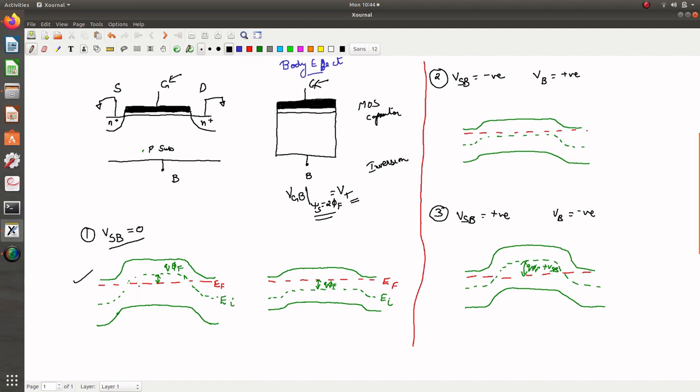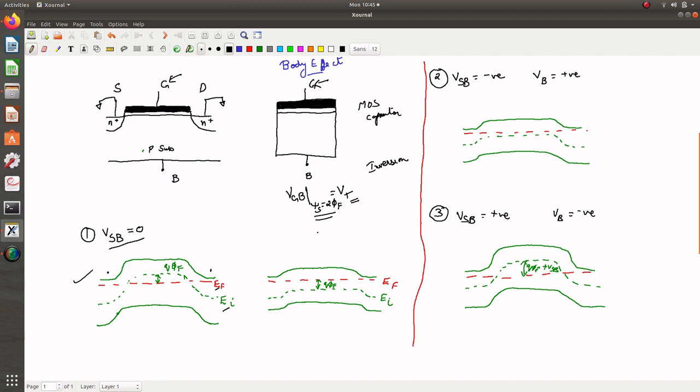We have a concentration of electrons at these 2 points because of the source and drain, and the central part, which is a MOS capacitor, will have the band diagram like this. The intrinsic energy level is above the Fermi level by q phi f.